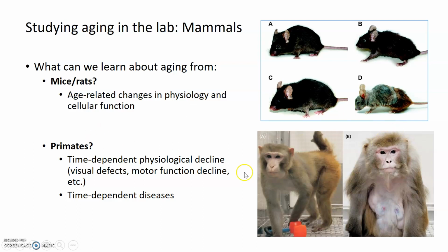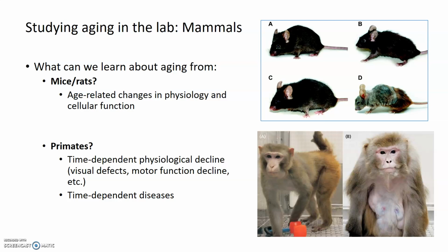So specifically in aging research, rhesus macaques, which you can see here on the right, are used a lot. And primates are also mammals, and so they have some of those similar physiological and cell functions that humans have.